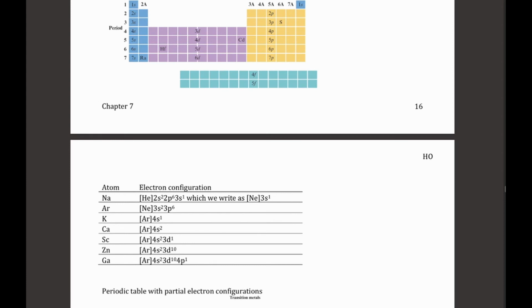So gallium would have the electron configuration argon, 4s2, 3d10, and then 4p1. Notice that being in the P block, we're back to the correspondence between shell and row.